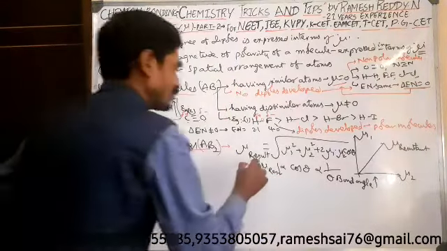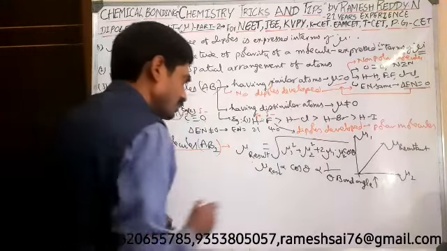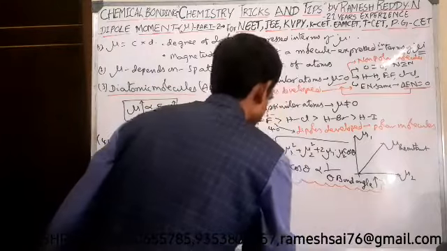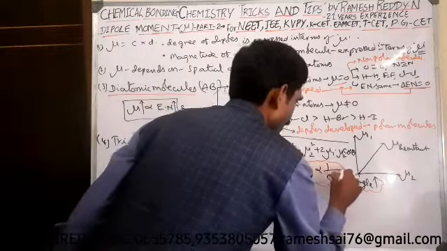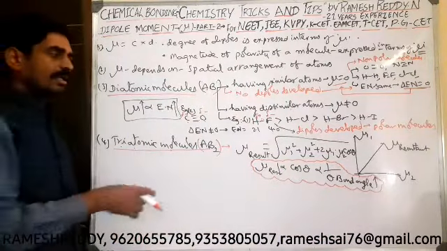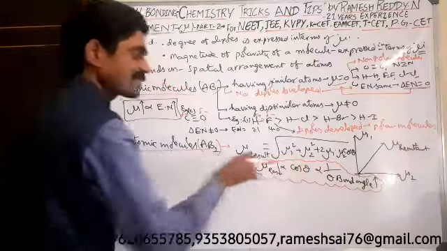So by using this relationship, we can find out the dipole moment of many molecules, based on bond angle only. Bond angle is more, dipole moment is less.